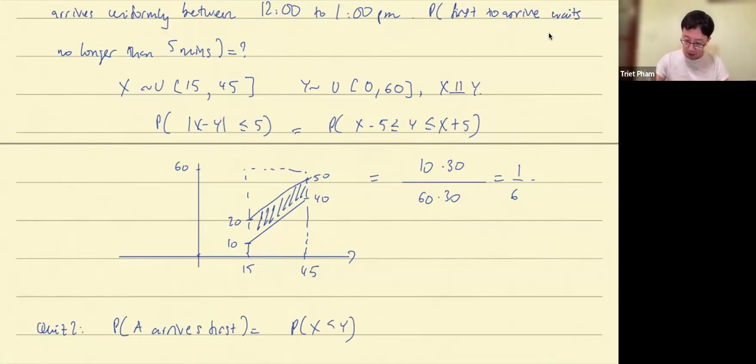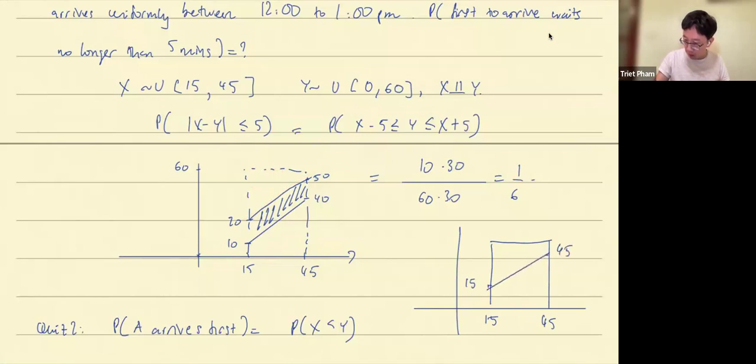If you draw the line x equals y, then x less than y is to the left of that. If x is equal to y, it cuts at 15 and at 45. So this is 60. We want the area to the left of that, because x is less than y.